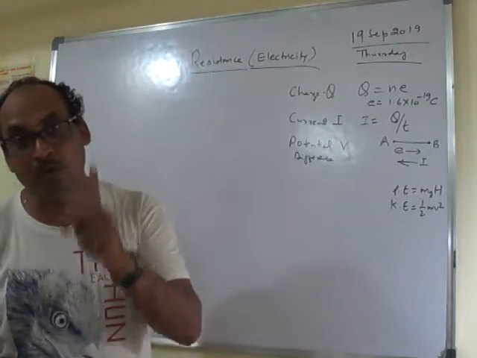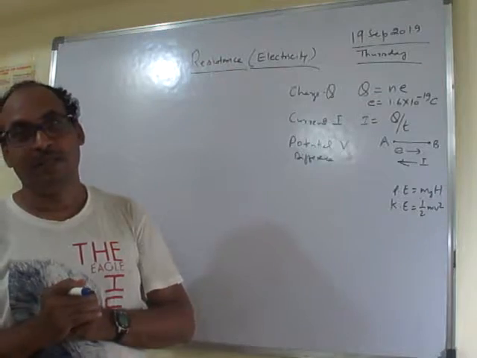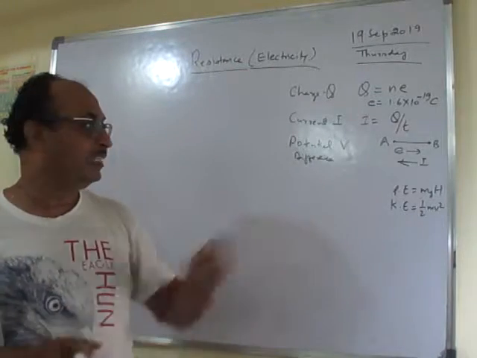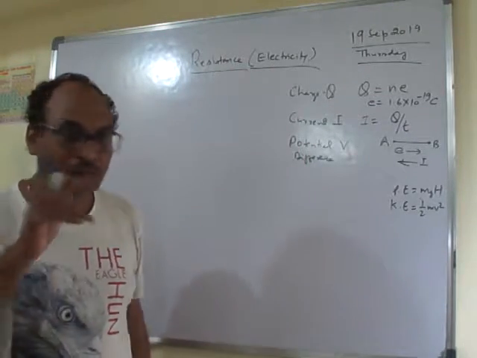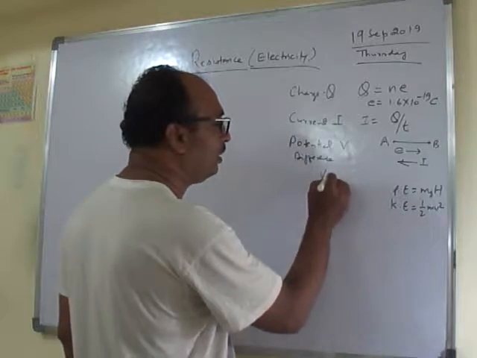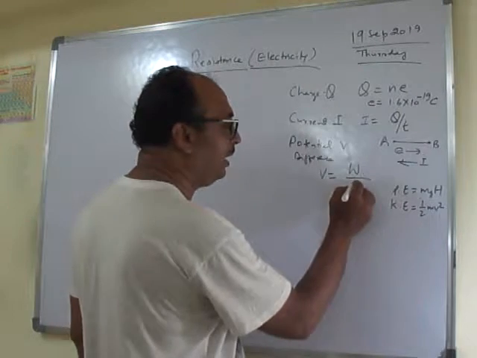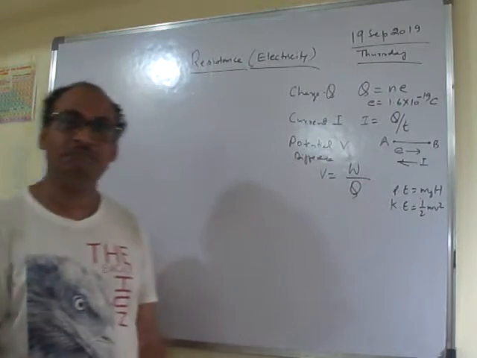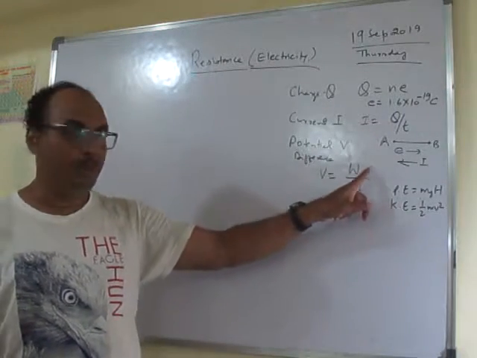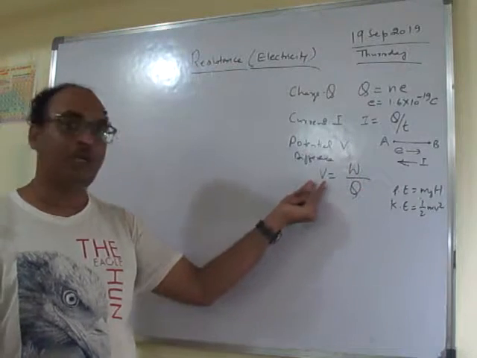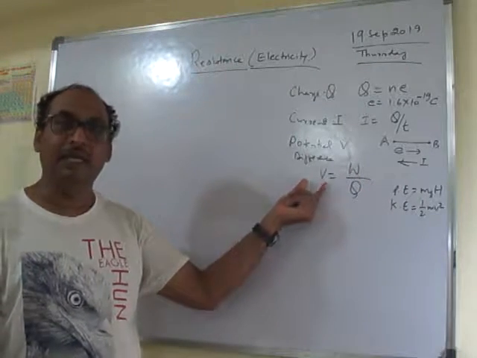That amount of work done per unit charge is called potential difference. Then V is equal to W, that is work done, divided by Q. Work done per unit charge is called the potential difference.